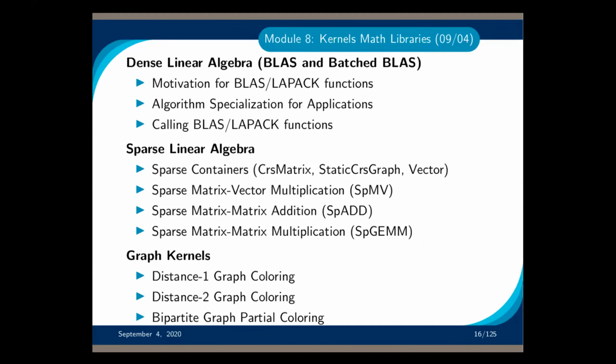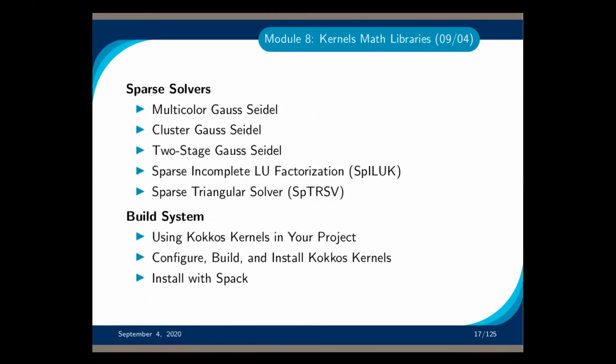Then we would cover sparse linear algebra and graph kernels as the second and third. And then finally, we will finish with sparse solvers and build system. So that is the agenda for today. We have 5 different topics. So I'll stop here and we would start with BLAS and batched BLAS next.